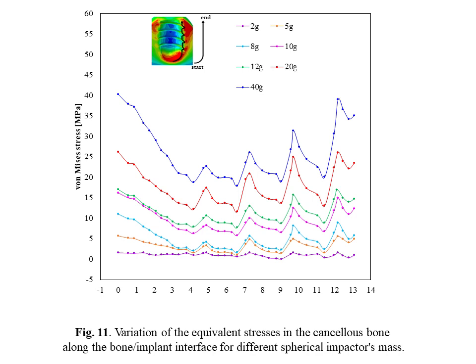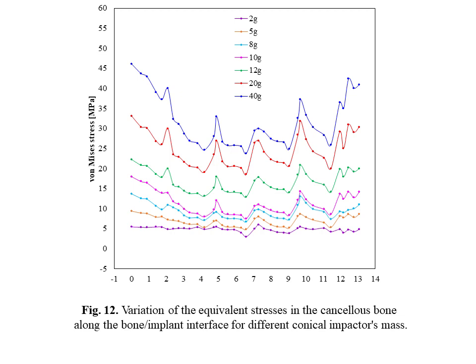Figure 12 represents variation of the equivalent stress in the cancellous bone along the bone implant interface for different conical impactor masses.